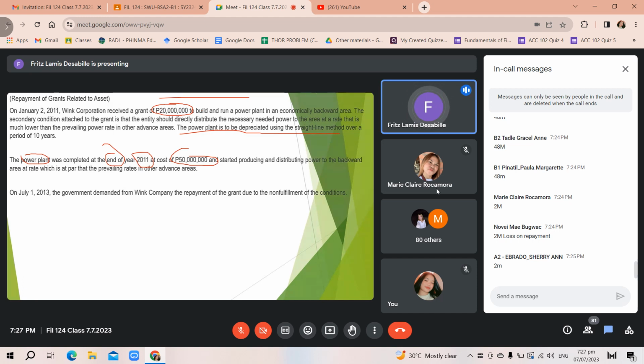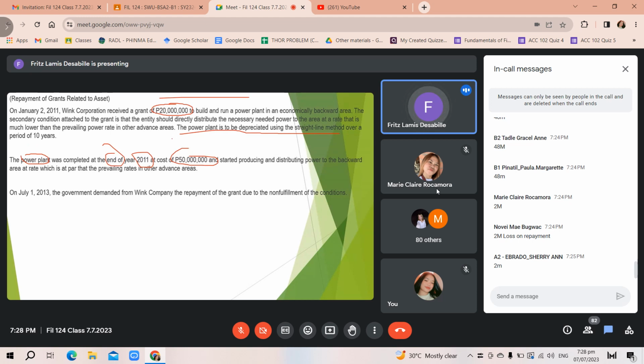Dili ka ka-depreciate kay at the end of the year naman siya nahuman. Let's say for example, December 28, 2011 siya nahuman. Mag-depreciate pa ka from December 28 to December 31? Dili na. Adto na ka sa closest month which is January 1. Adto na ka sa 2012 mag-depreciate. So meaning, since it was completed at the end of 2011, walay depreciation si power plant sa 2011.